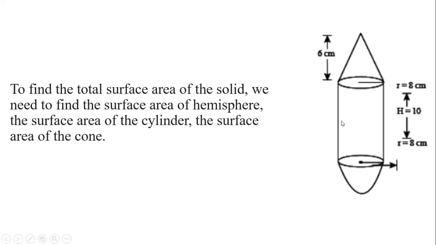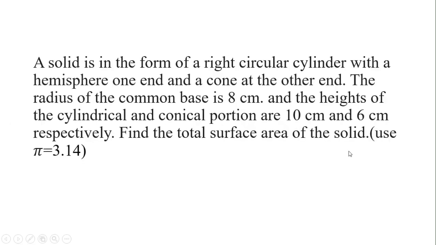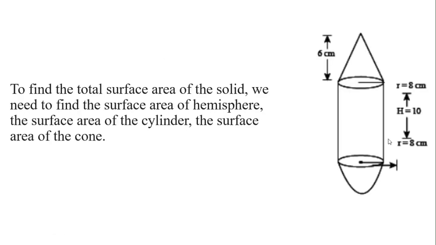The solid is in the form of a right circular cylinder, one side a cone and the other side a hemisphere. We need to find the total surface area of this solid shape. Some required measurements are given. The radius of the common base, that means here and here, is r equal to 8 centimeters.